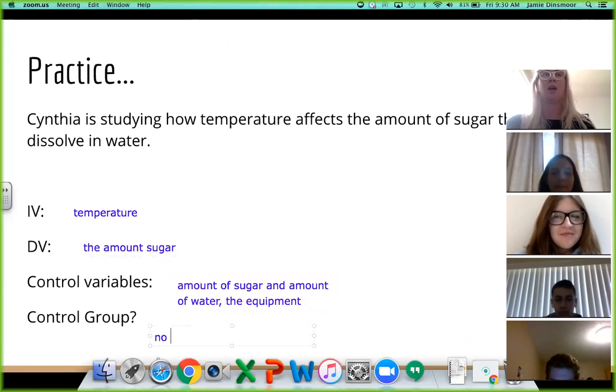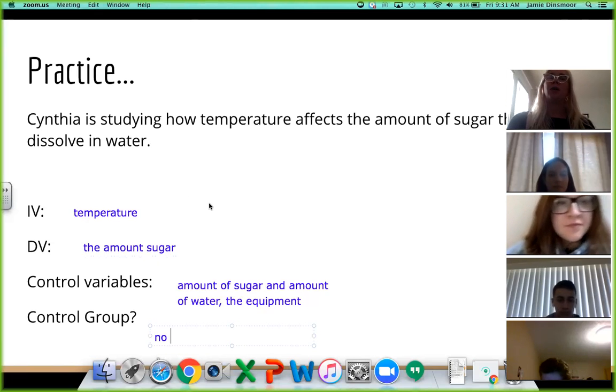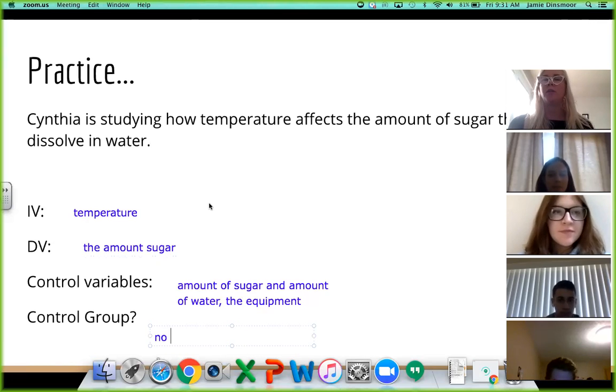There's not one, right? There is no normal situation with sugar and water, right? We will see an example here where there is one. But you guys are right. There's no control group. So we can see kind of how this experiment could be something that you could easily set up, right? Personally, I think the hardest part sometimes is identifying what the variables are in an experiment, especially when it's not your experiment and you're looking at what someone else is doing.